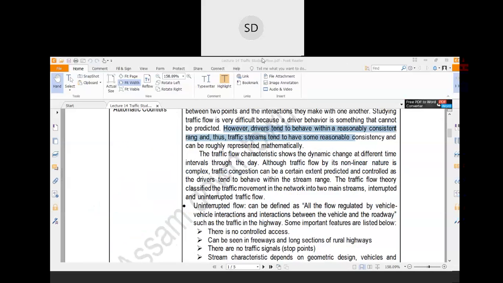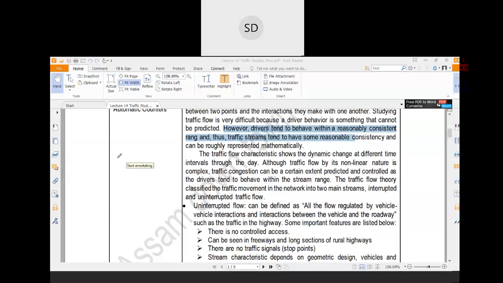The traffic flow characteristics show the dynamic change at different time intervals throughout the day, as I discussed. Although traffic flow by its nonlinear nature is complex, traffic congestion can to a certain extent be predicted and controlled as the drivers tend to behave within a consistent range.